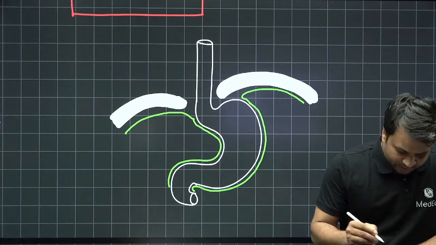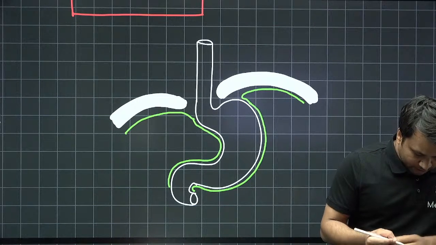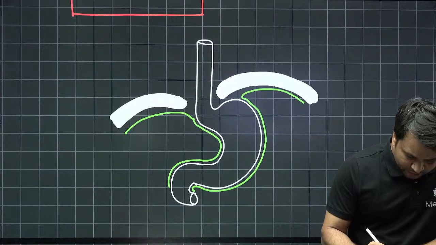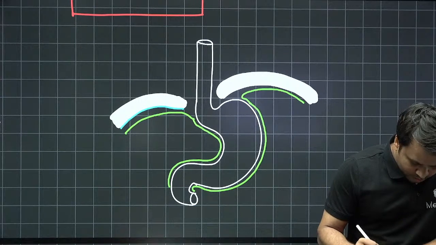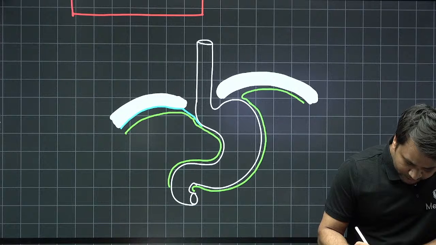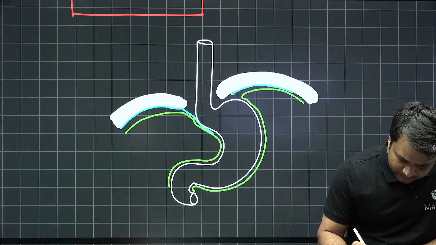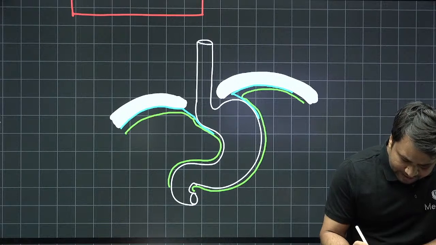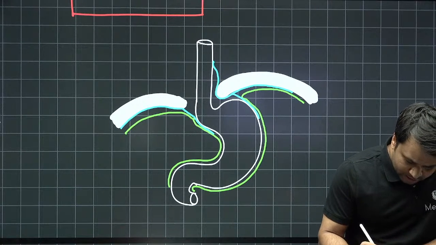At the same time, we have another membrane called the phrenoesophageal membrane or the phrenoesophageal ligament, which arises from the undersurface of the diaphragm. It goes and merges with the peritoneal surface on the stomach side, right? At the same time, it also merges onto the esophagus above.